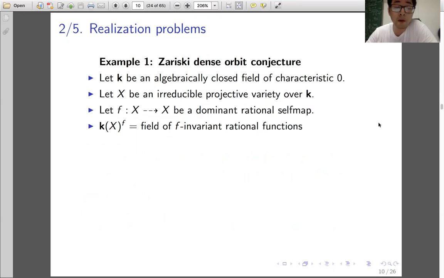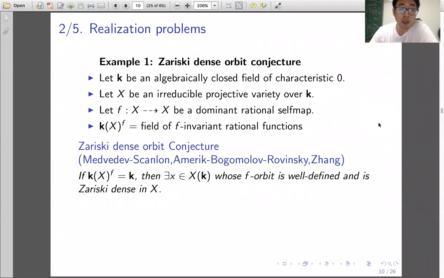Here we have some examples. The first example is the Zariski dense orbit conjecture, and this is an important conjecture in algebraic dynamics. It says that if k is an algebraically closed field of characteristic zero, X is an irreducible projective variety, F from X to X is a dominant rational self-map, denote by k(X)^F the field of F-invariant rational functions.